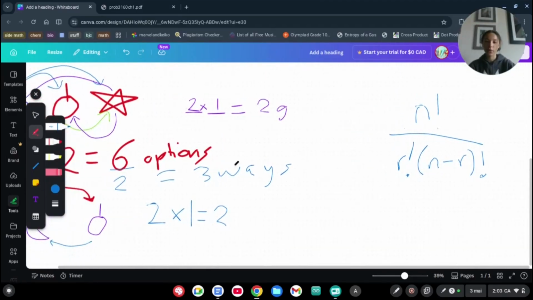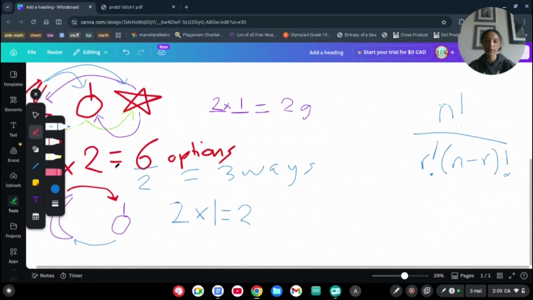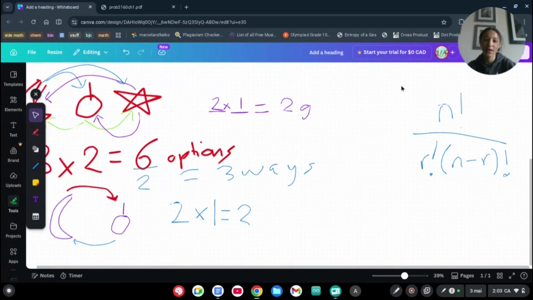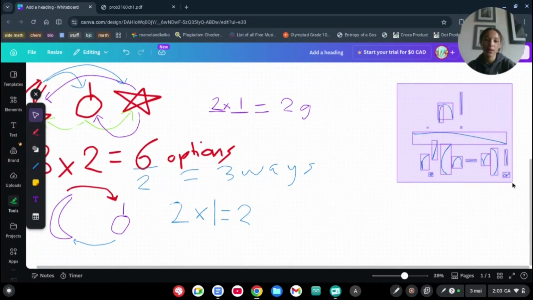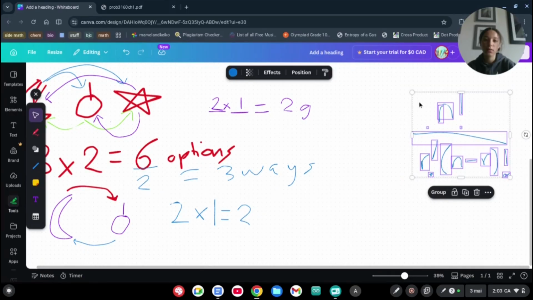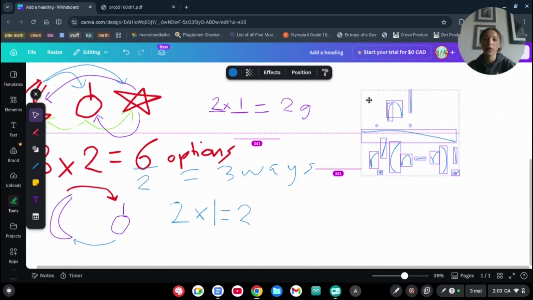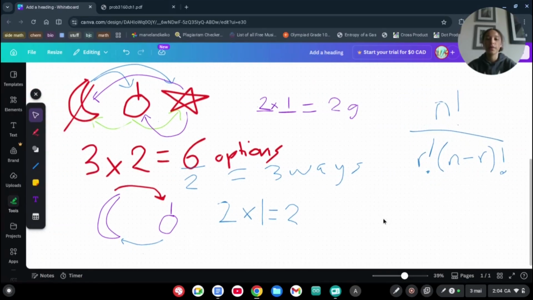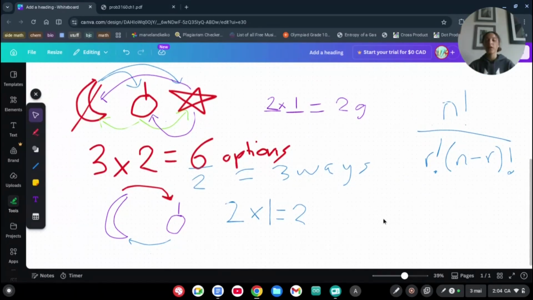Let's apply this formula over here. Let me see if I can move this. There we go. Okay, so what is this formula telling us?